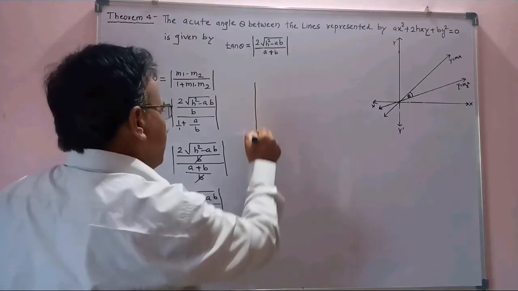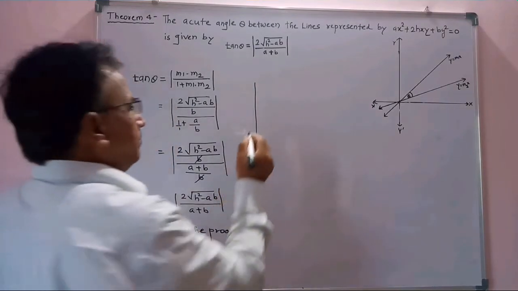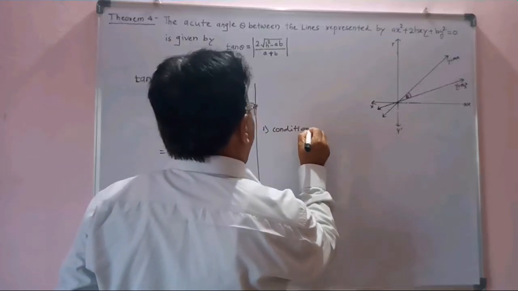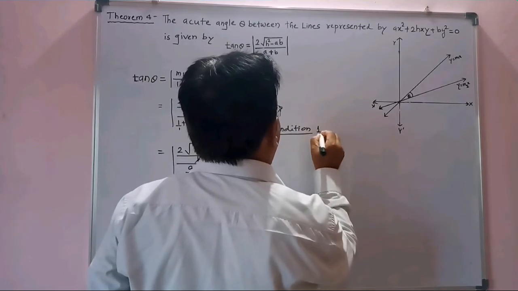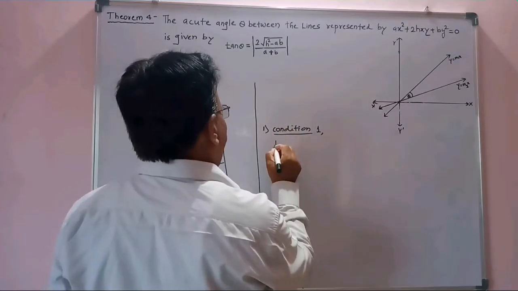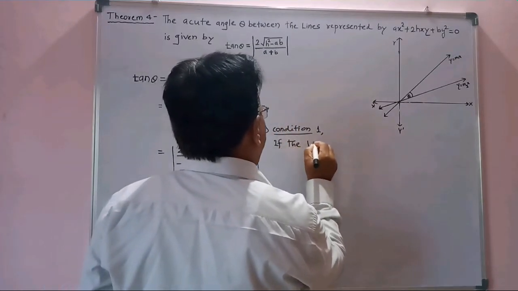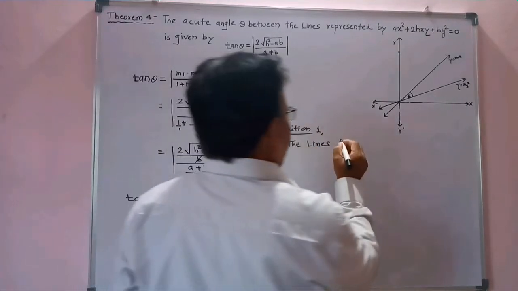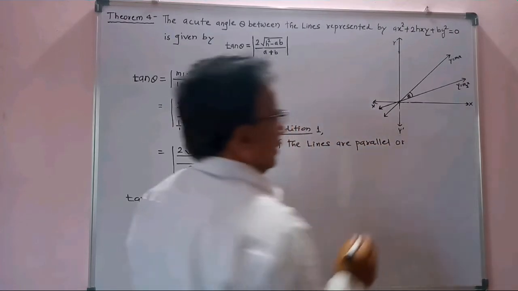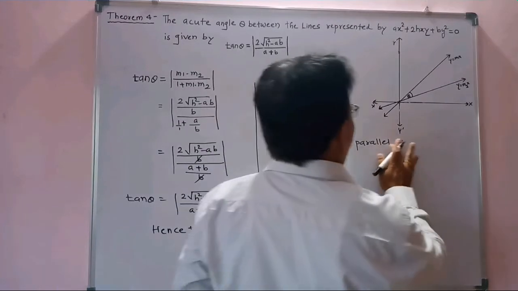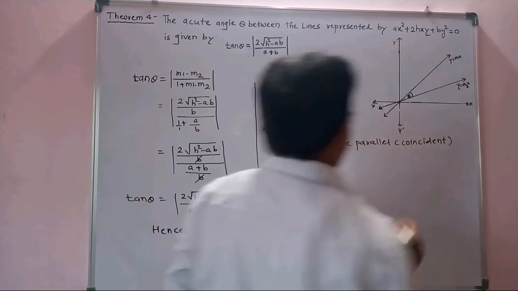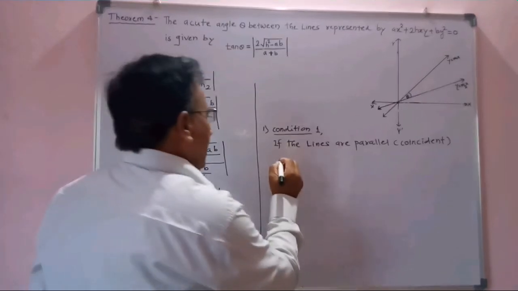One condition is given. Condition first: if the lines are parallel or coincident, then the two slopes are equal.